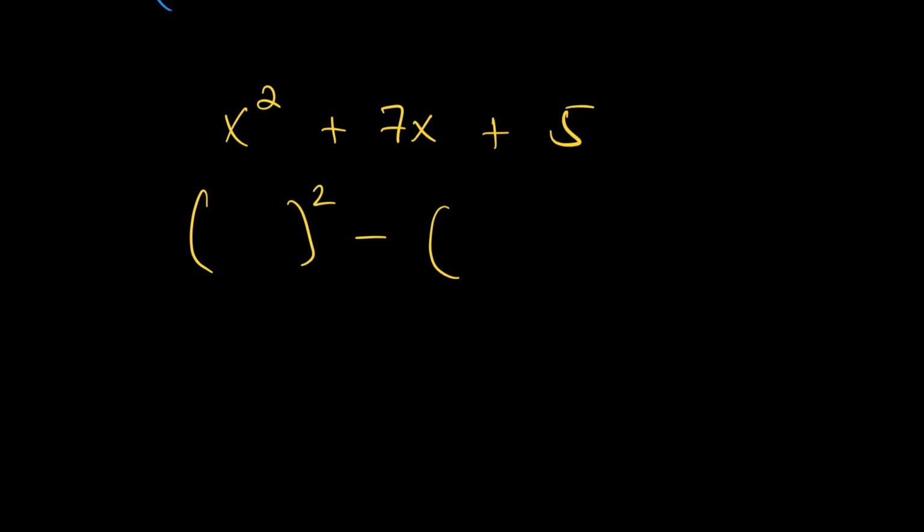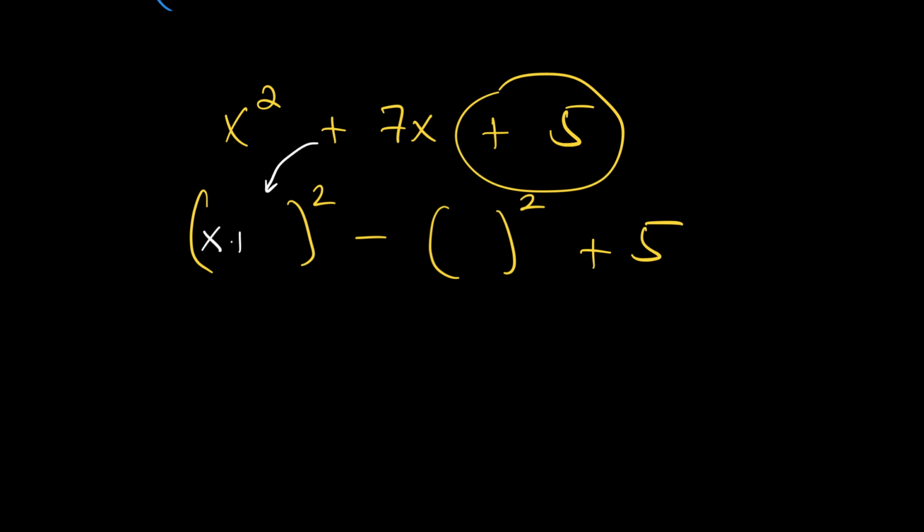Let's see another example. If I have, let's say, x squared plus 7x plus 5. Big bracket square minus small bracket square plus the constant, and the constant stays as it is. In the big bracket the first thing is always an x. Put an x and then put this sign, so plus.